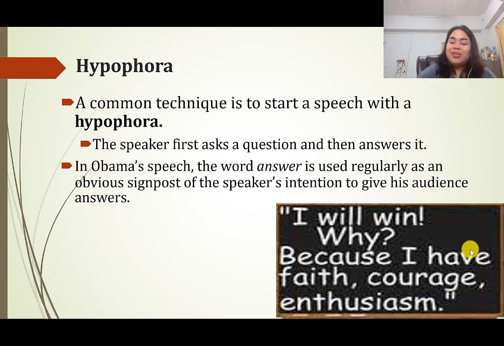Why? Because you see, you ask, Obama used the word "why" and then answered it with his own answers, okay? It's convincing because instead of just saying, "I will win because I have faith, courage, and enthusiasm," that's a normal sentence. That's just a statement. But if you pause, if you emphasize each word, if you emphasize the question, you are making the audience focus on the question, okay?